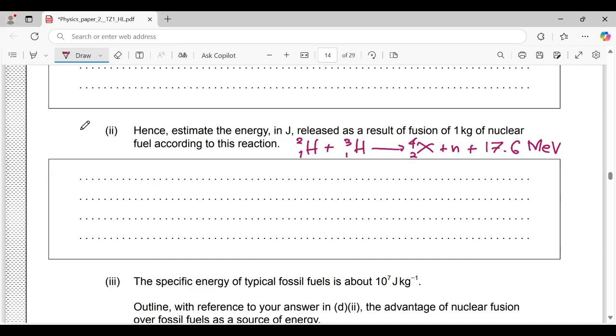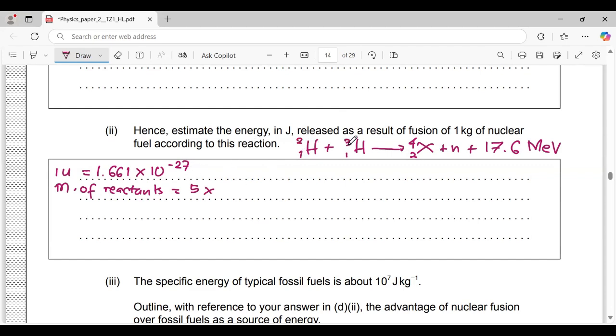For the calculation I would like to write in 1 u. 1 u is the atomic mass unit, 1.661 times 10 power minus 27 kg. And the mass of reactants equals 5, because total mass is 5.